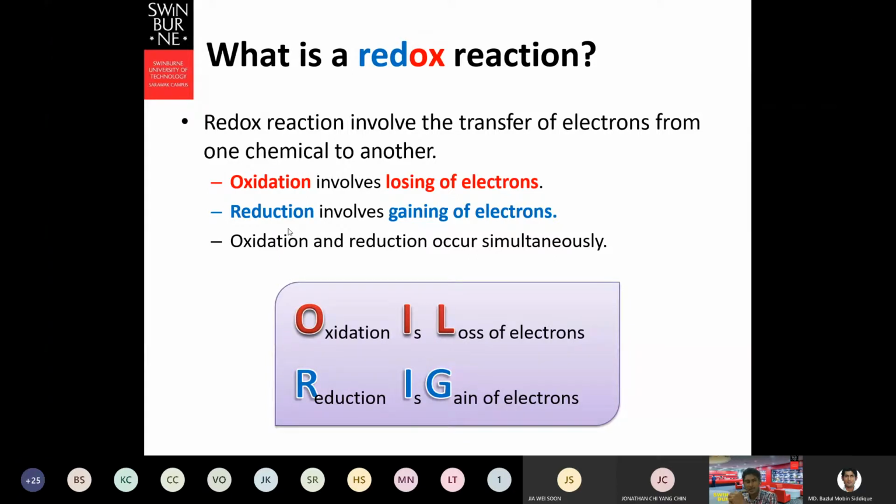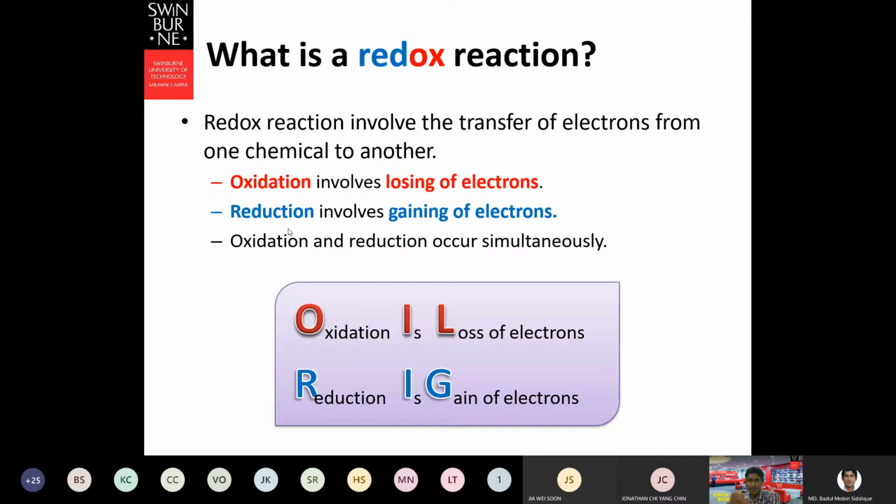Oil rig: oxidation is losing of electrons, and reduction is gaining of electrons.